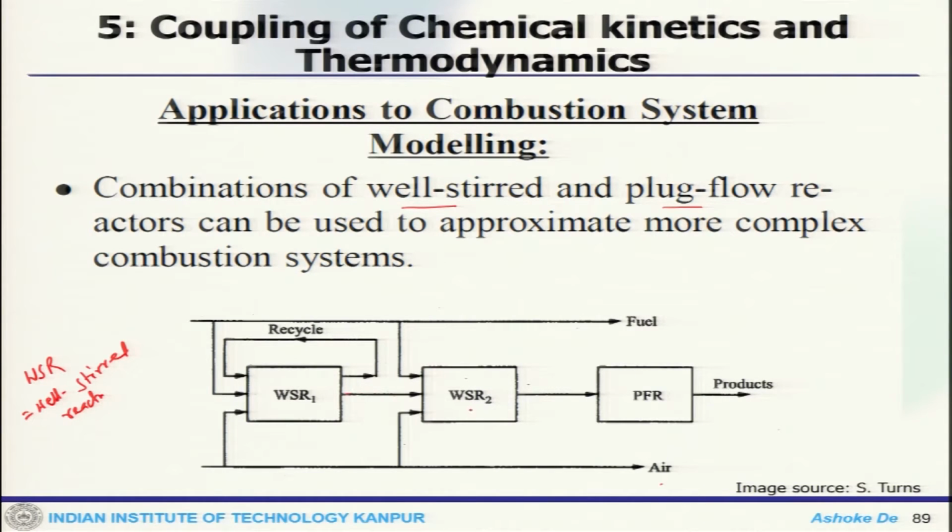It gets into the second well stirred reactor, where again some amount of fuel and some amount of air goes in along with this combustion product. So, there are 3 inlets: fresh fuel, fresh air, and the combustion product. Finally, this combustion product goes to the plug flow reactor, and then you get the final set of products.